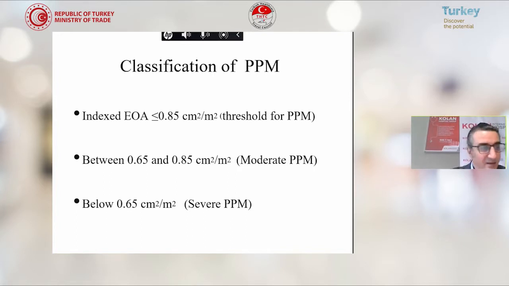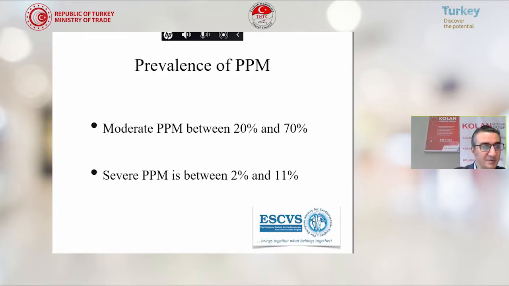When the indexed effective orifice area is below 0.65, it is accepted as severe PPM. Depending on studies, after aortic valve replacement, the prevalence of moderate patient-prosthesis mismatch varies between 20 and 70%, and severe patient-prosthesis mismatch is between 2 and 11%.